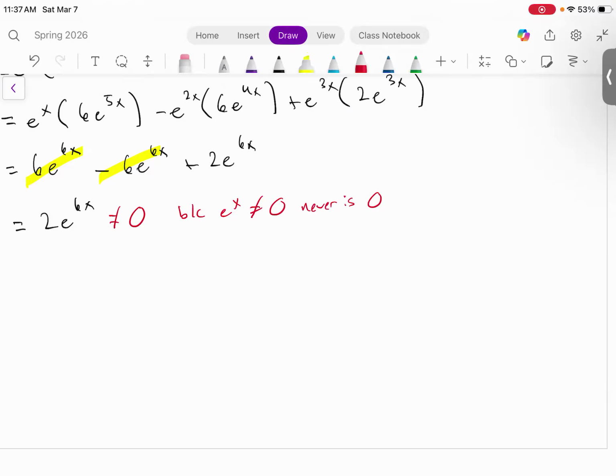So we know for a fact this would never be 0. So y1, y2, and y3 are linearly independent.